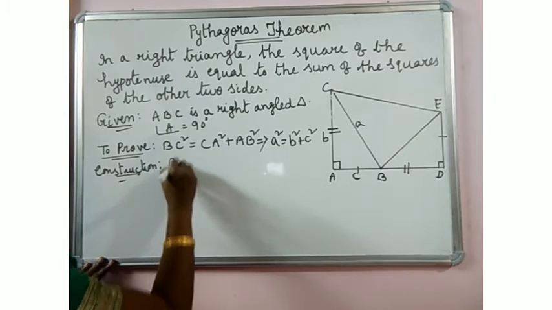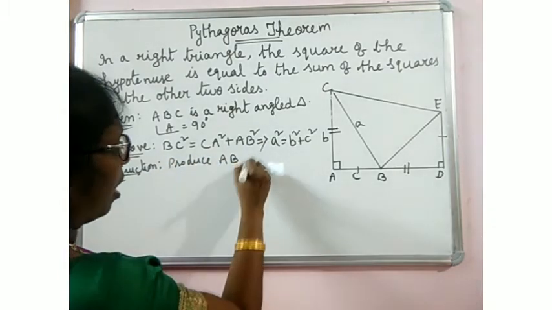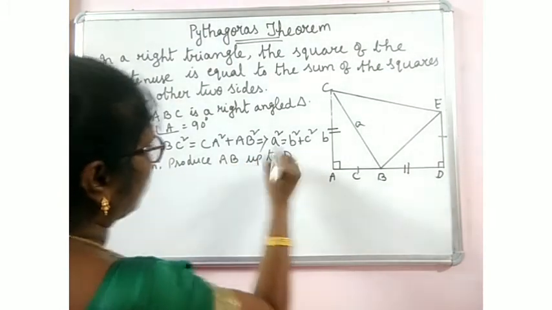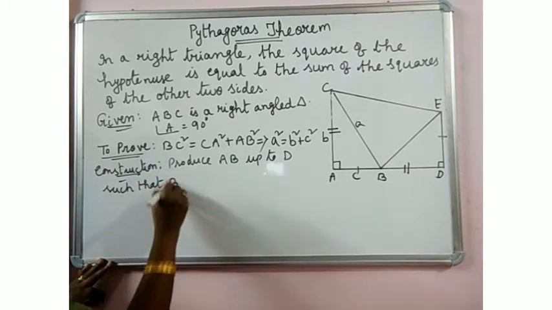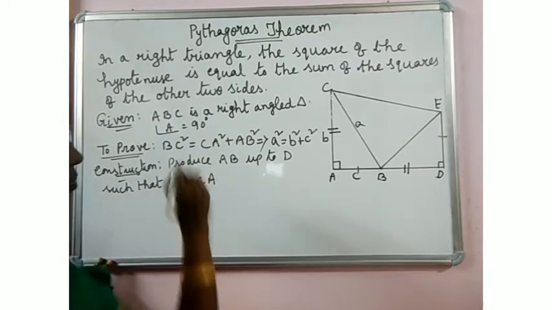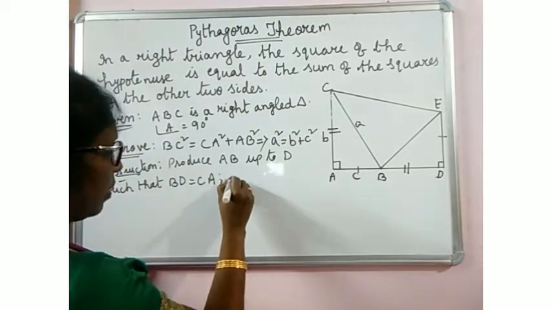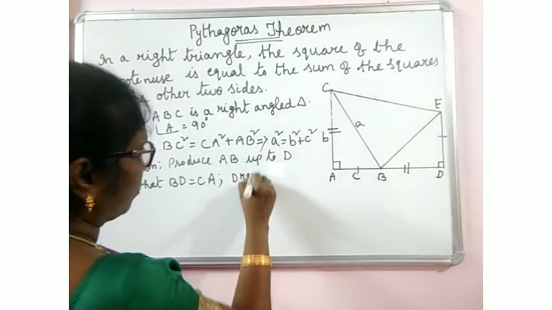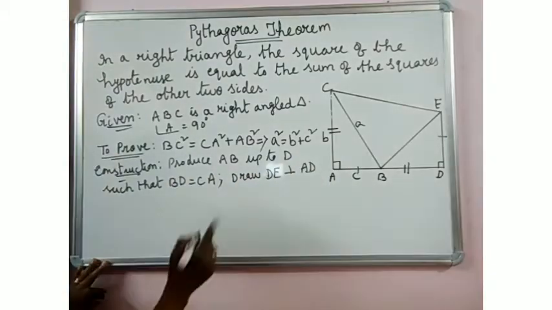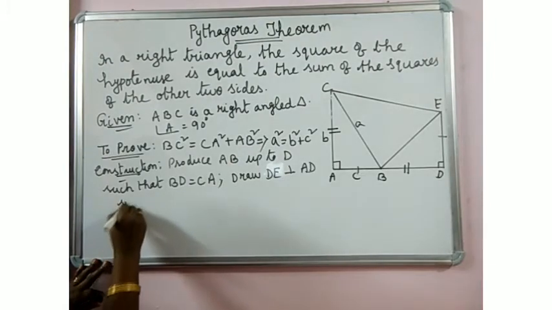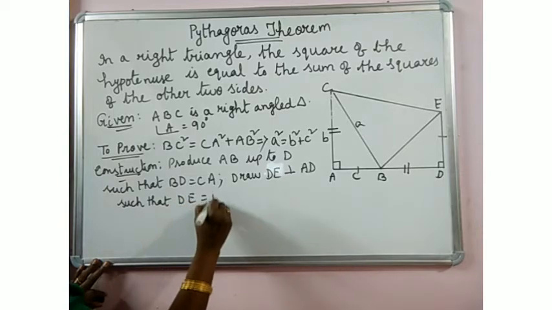Construction: produce AB up to D such that BD is equal to CA, and draw DE perpendicular to AD, again such that DE is equal to AB.